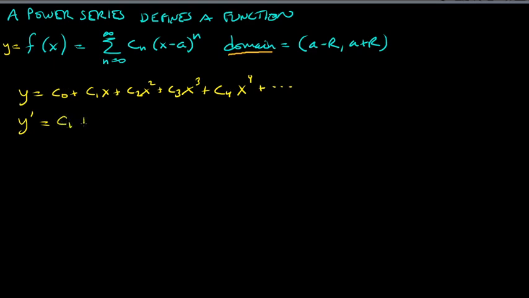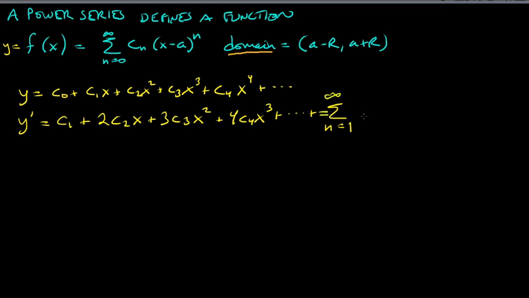This is going to be c1 plus 2 c2 x, right? Plus 3 times c3, right? x squared plus 4 times c4 x cubed plus dot, dot, dot. Or if you want to write it as a sum, right? Notice, though, that this starts at n equals 1, not 0 anymore.